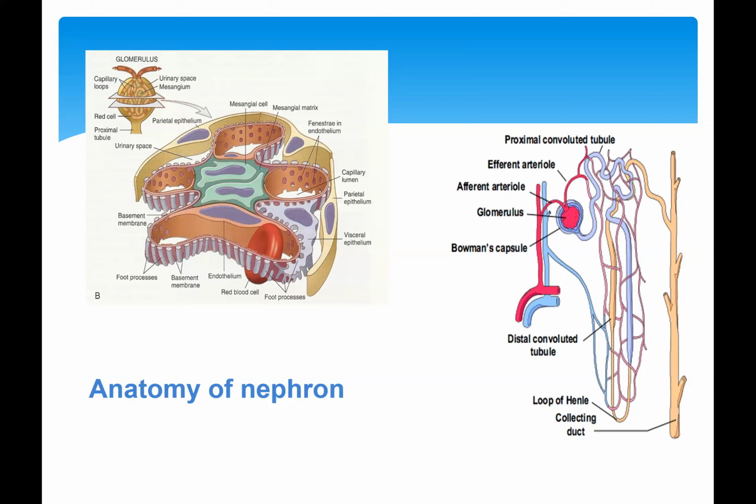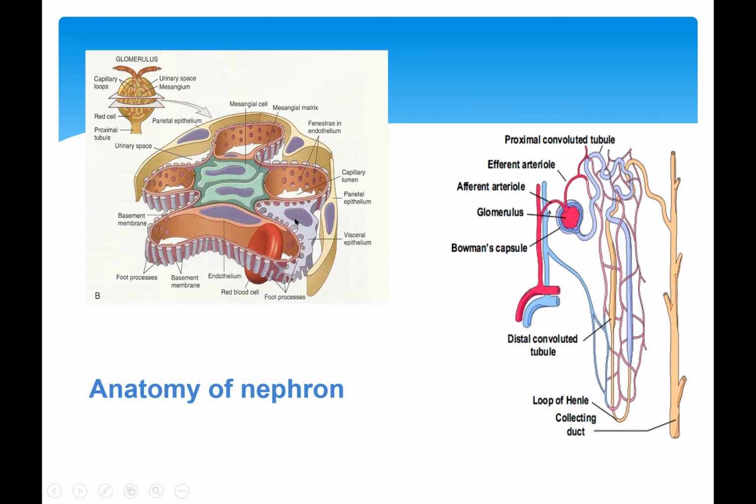I am trying to reiterate this because later, when we go into the diseases of the glomerulus, you would see that immune complexes are deposited in each of these structures. So let's try to recall once again. This is the endothelial side. The blue one is your epithelial side.